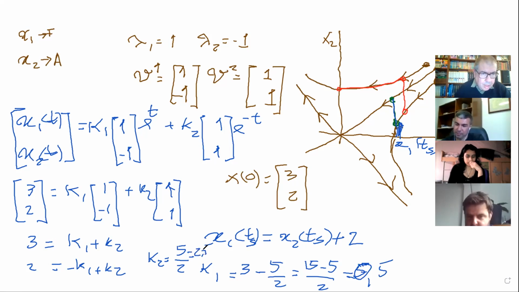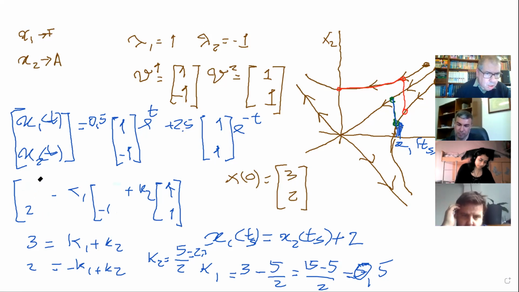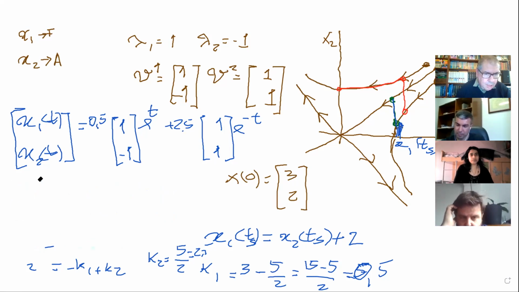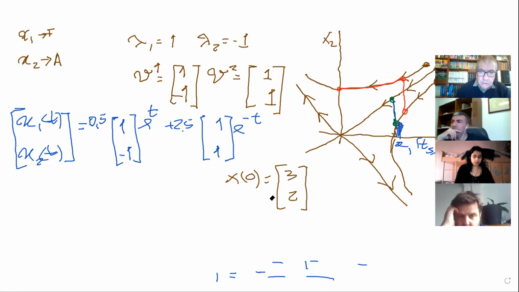Okay. So I put here k1 is 0.5, and I put here 2.5. Okay, and this was obtained by applying the initial condition, this initial condition (3, 2).